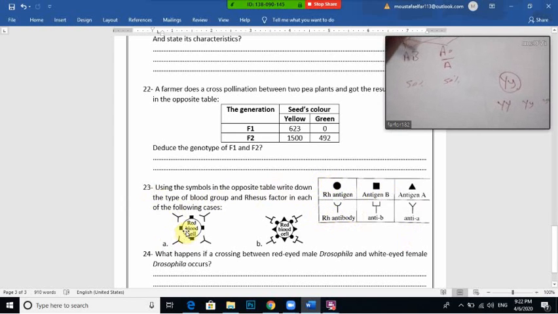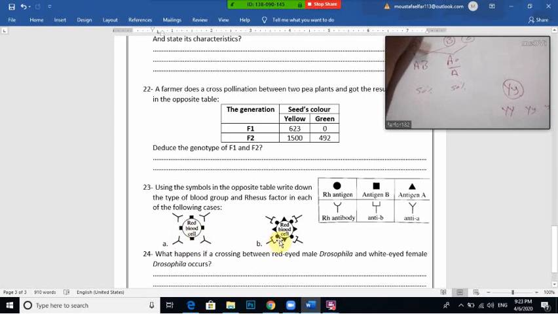The red blood cell in figure A here carries antigen B, squares, and in the plasma there are anti-A antibodies, and there is no Rh antigen on the red blood cells. So the blood group of the first red blood cell is B negative, due to the absence of Rh antigen on the red blood cells.